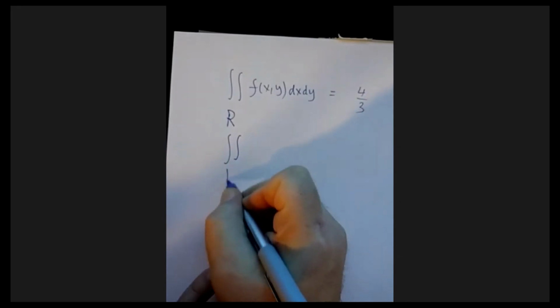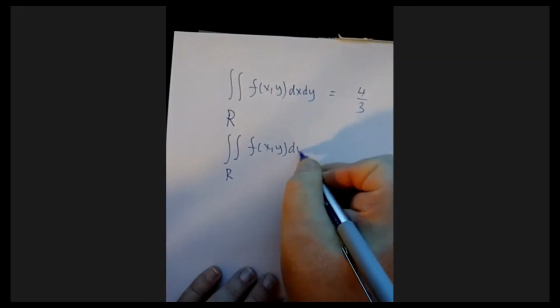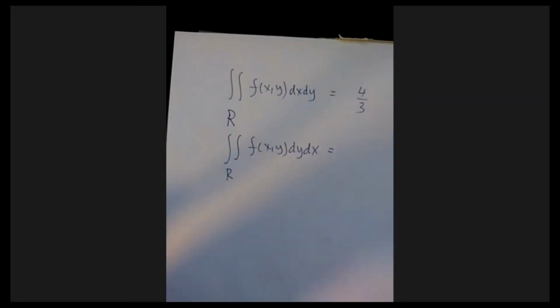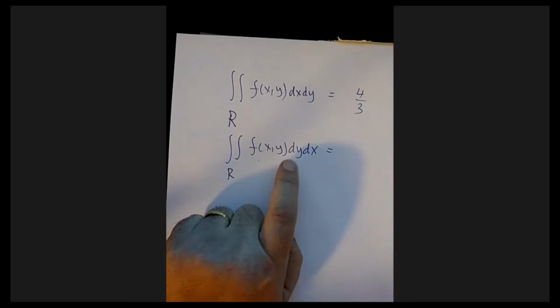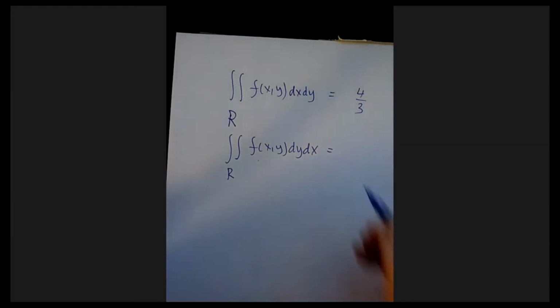If you use the same rectangle and the same function, but you decide to do it in that order, so you integrate with respect to y first, and then after you've got that answer, integrate with respect to x, what do you think the second answer is going to be? 4/3. Yeah.